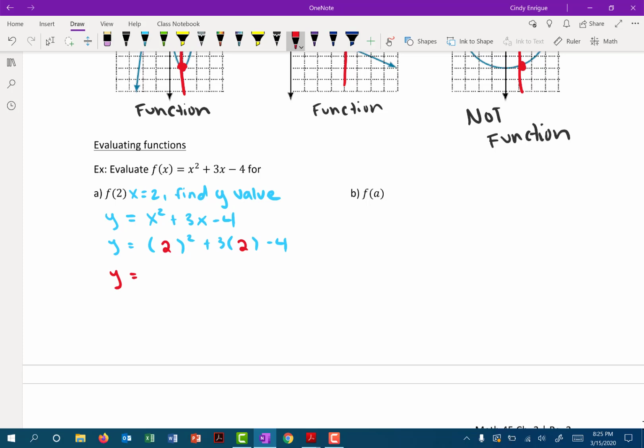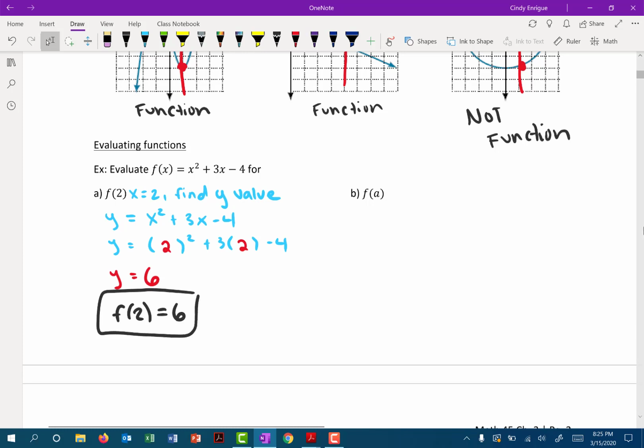So when I plug it into my calculator, I'm going to have 2 squared plus 3 times 2 minus 4, and I get that it's going to be equal to a positive 6. So remember, this doesn't say find y to begin with. It started with my function notation of f of 2. So I need to say that f of 2 is equal to 6. And that would be my proper notation.